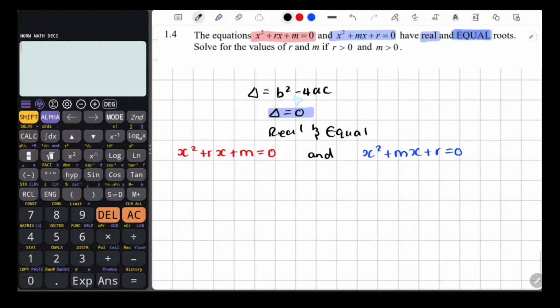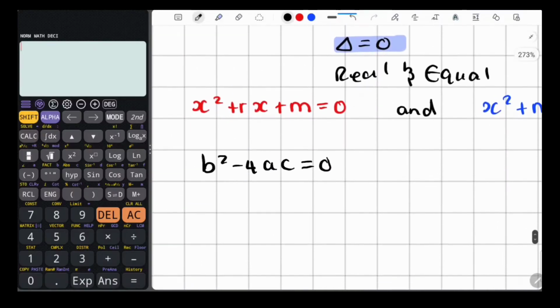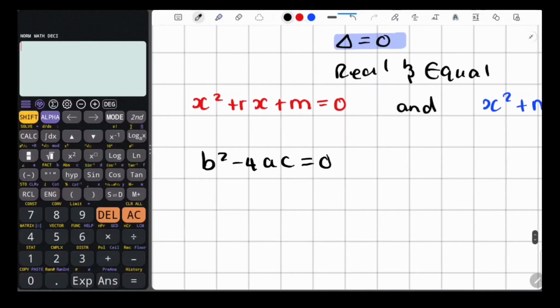In the first one, remember delta is just b squared minus 4ac, and we're making it equal to 0. In this equation, the red one, the b is whatever the coefficient of x is.